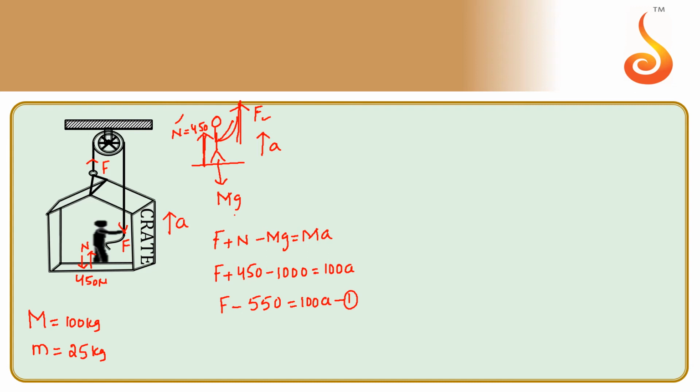And for the crate, the F force is applying in the upward direction, and the crate's own weight is acting downward, that is small mg, and 450 newtons is being applied by the man on the crate's floor. So F minus 450 downward direction minus small mg will give mass times acceleration.